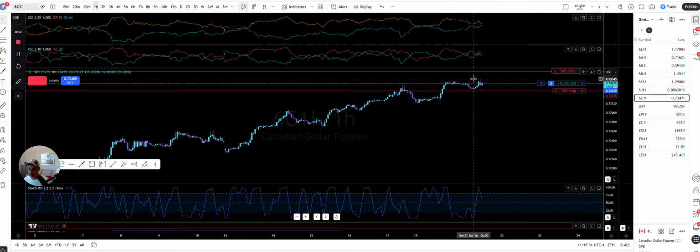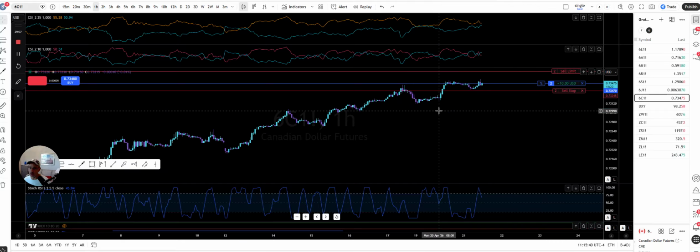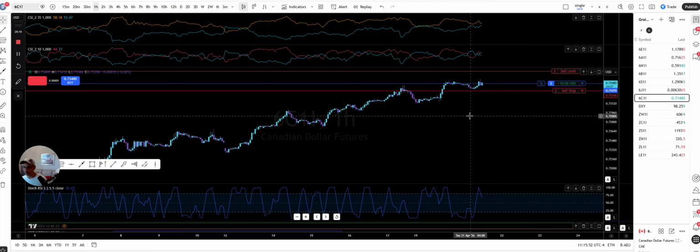This was like 6 a.m. this morning, so it was like mid-London session. There was a buy signal right here. I didn't take that entry, but I figured this was still good in general, although it is kind of back near the highs, and this was a pretty shallow pullback. But anyways, again, just have my stop loss sitting right underneath here. So those are the only 2 futures trades I'm in right now.